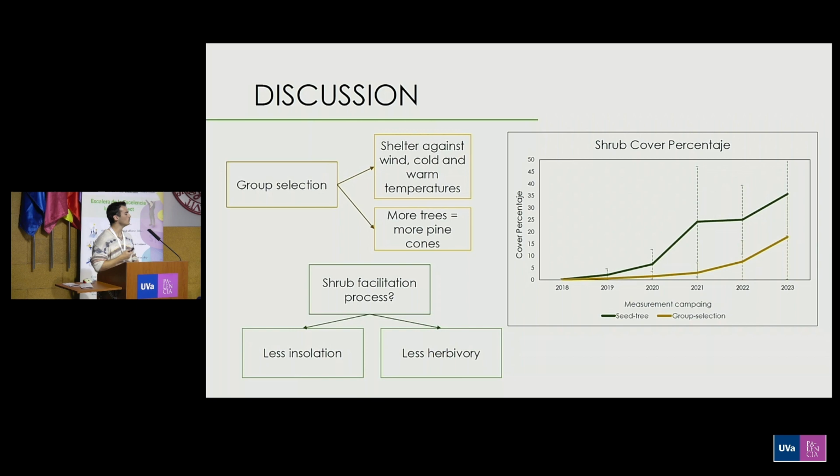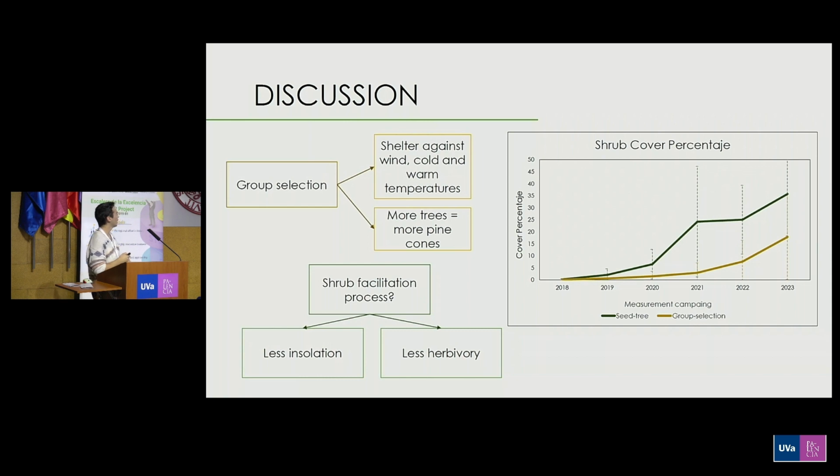But why do we have these results? If you think about the group selection, you have big gaps, but they are protected by the rest of the forest, which can provide shelter against the wind, the cold and the warm temperatures. Also, having more trees in the surroundings can provide more pine cones, so there are more seeds, so there can be more seedlings.